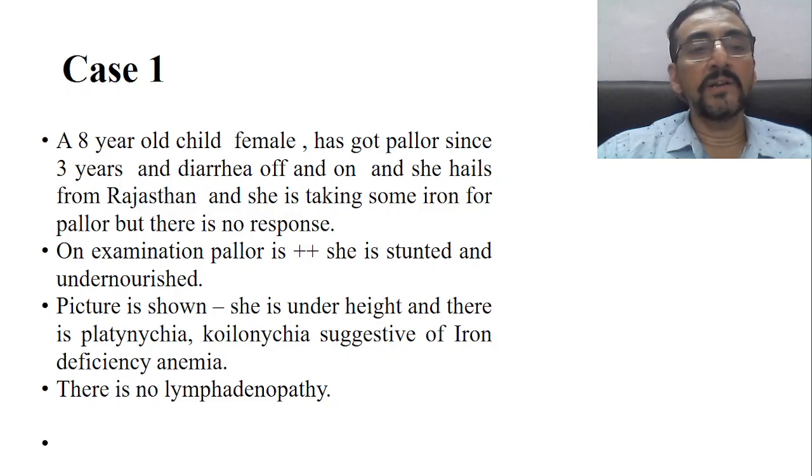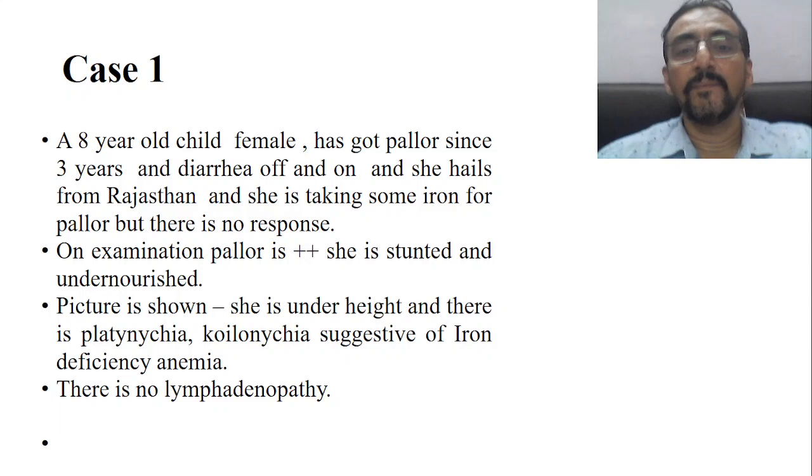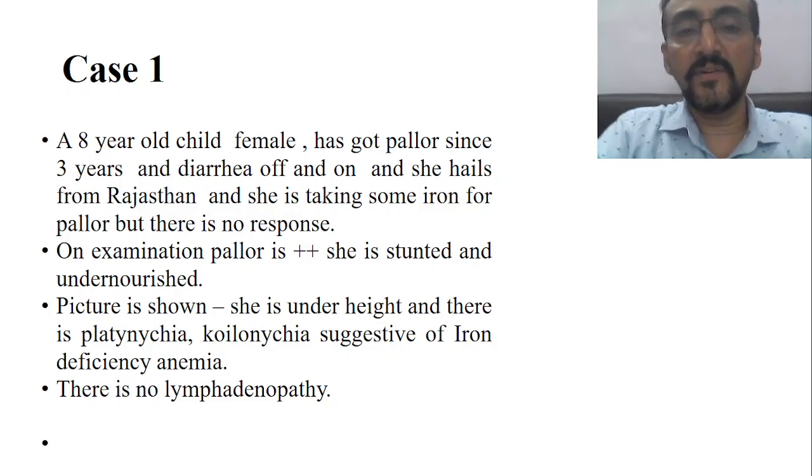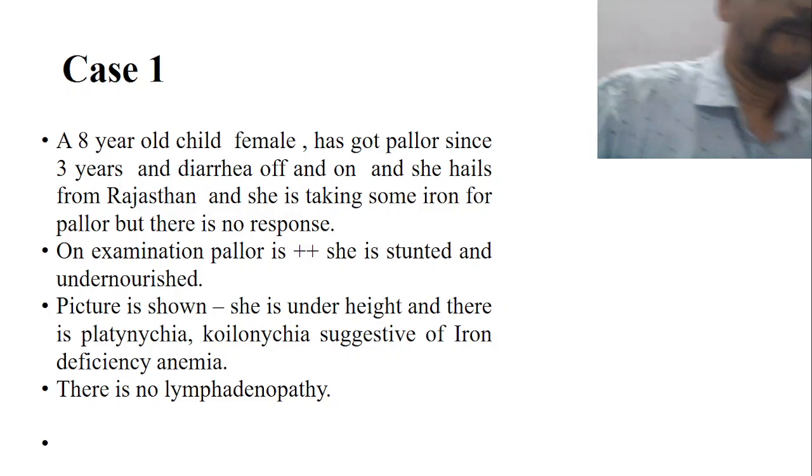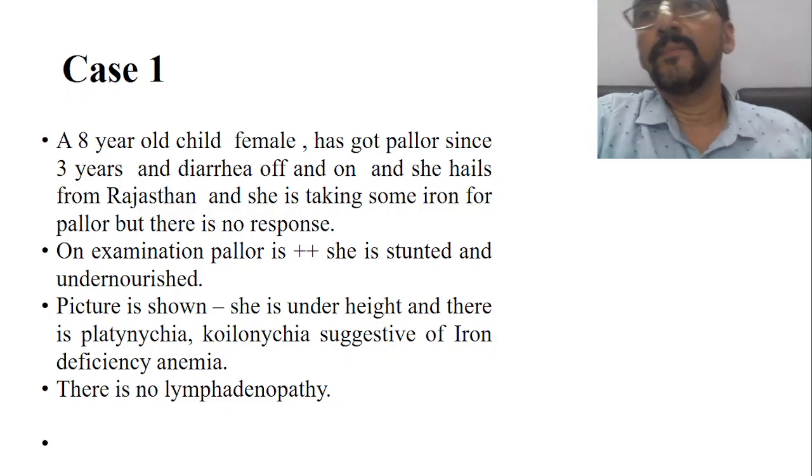She is also undernourished, height and weight are less. Nail changes are evident. One thing is sure, she is having anemia. Everybody knows. What may be the underlying problem? Can anybody say, just by using your previous knowledge, by looking at this case?